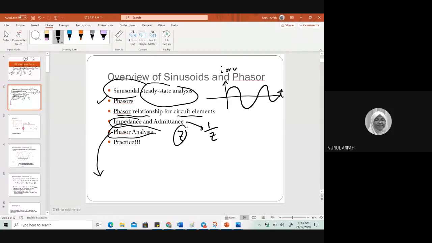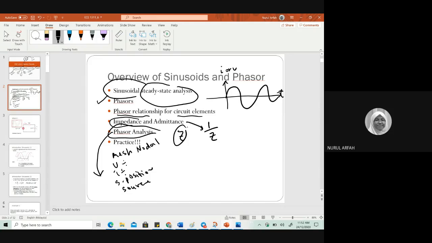What is this? Basically, you already learned this in chapters 1, 2, 3, 4, up until almost chapter 5. This is something that you already apply, the methods you know, like mesh analysis, nodal, voltage divider, current divider, superposition, source transformation, and so on.